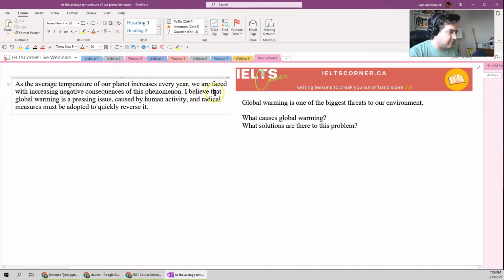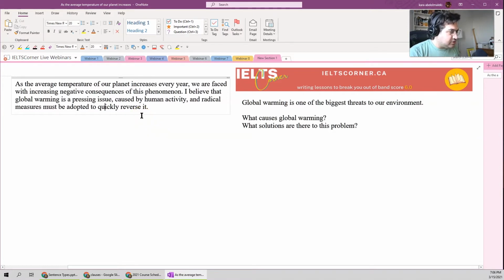I believe that, so that global warming is a pressing issue, so that's the subordinate clause. And then caused by human activity, that's another subordinate clause, it's reduced. And then we have, and then radical measures must be adopted to reverse it. All of that is another independent clause. So this is a compound complex. So one complex, one compound complex.